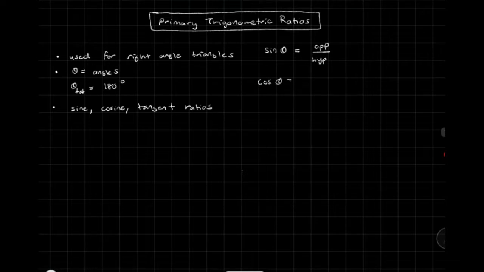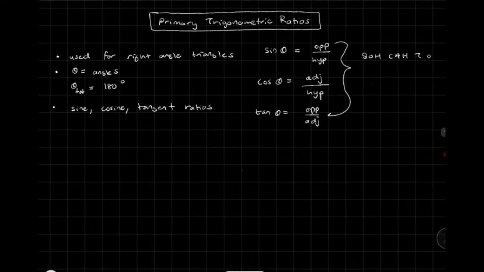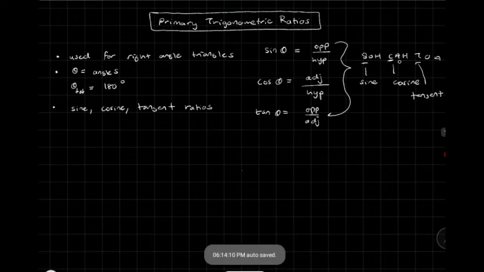Cosine of an angle is equal to the adjacent side over the hypotenuse, and tan of an angle is equal to the opposite side over the adjacent side. You can memorize these using the mnemonic SOHCAHTOA. S represents sine, C represents cosine, and T represents tangent. So sine is opposite over hypotenuse, cosine is adjacent over hypotenuse, tan is opposite over adjacent.